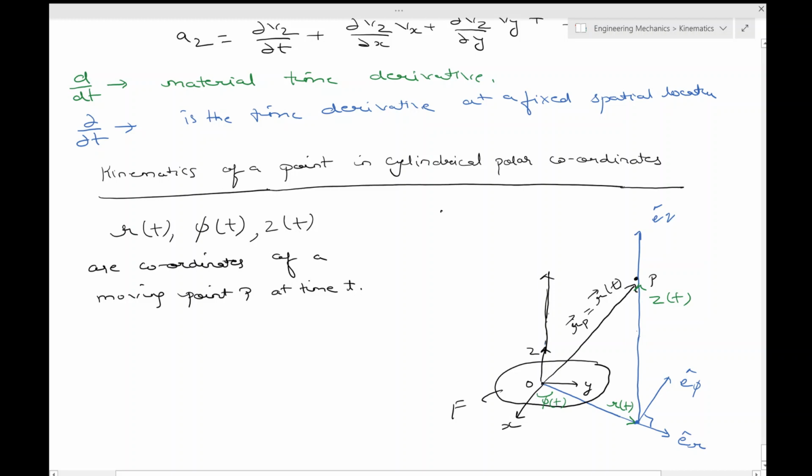The x coordinate is x of t, and we can just extend it a bit. And then you have this as your y of t. So you have all the three coordinates.